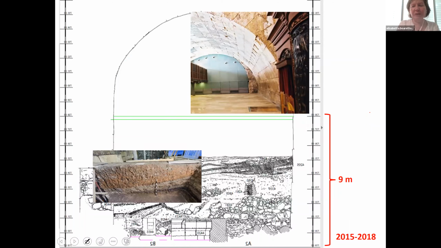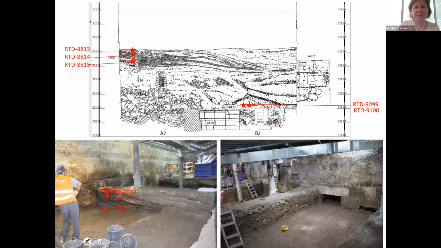So going down here, we start to see this huge deposit, very much in layers. Here we are in the Byzantine period, and then as we start to go down more and more, here you have the image, we start to uncover the shops or the rooms which were built under the Wilson Arch.